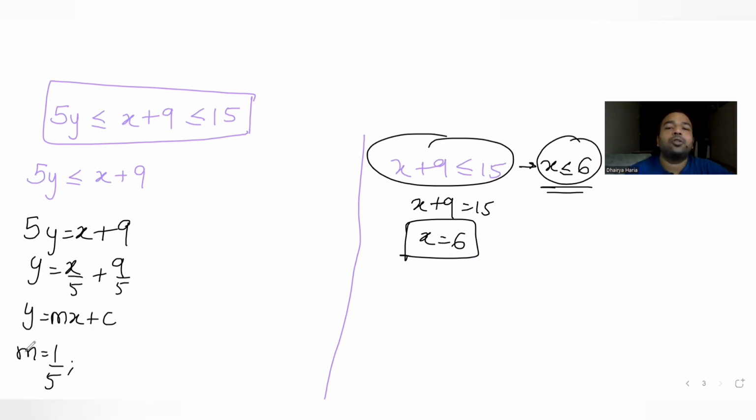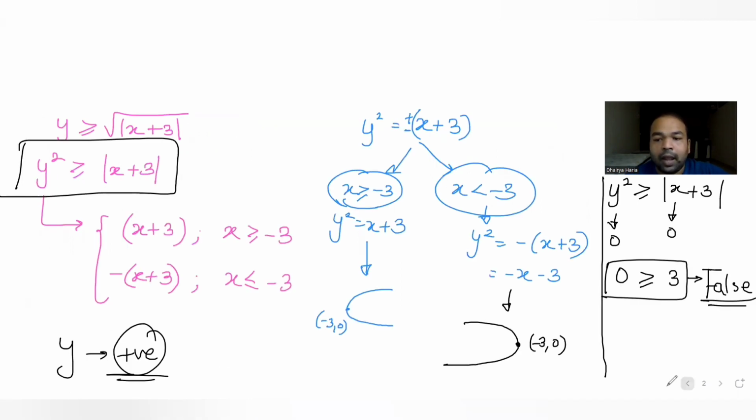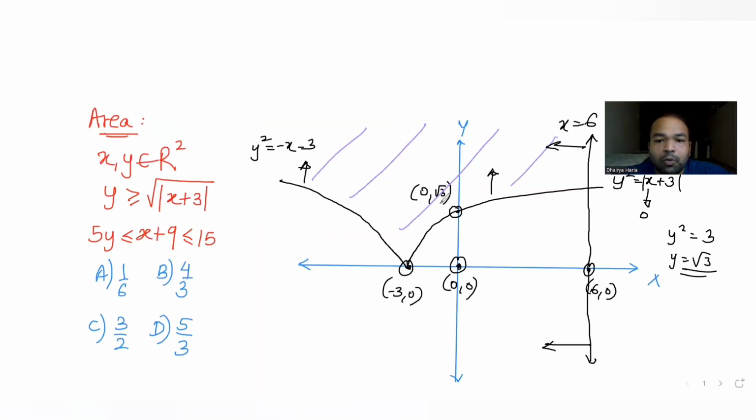So when you have a positive slope, you get an ascending line, and c being 9 by 5, you get 1.8. And this point is 0 comma root 3. Root 3 is 1.732, right? So basically 1.8 will lie somewhere above on the y-axis.